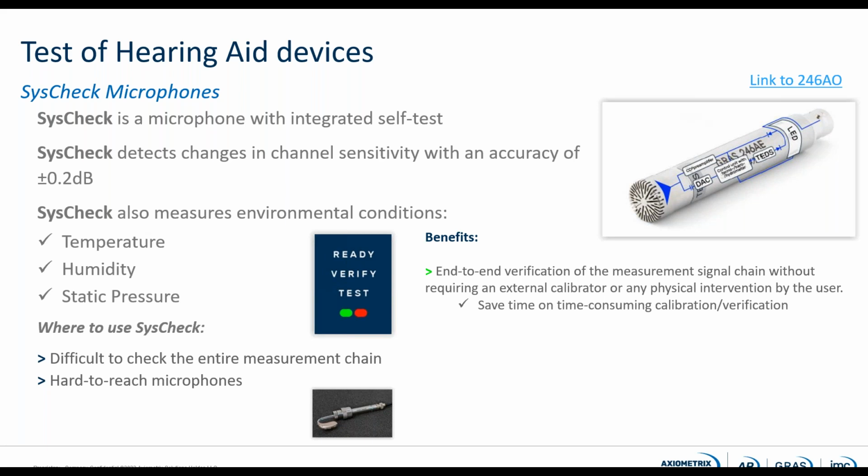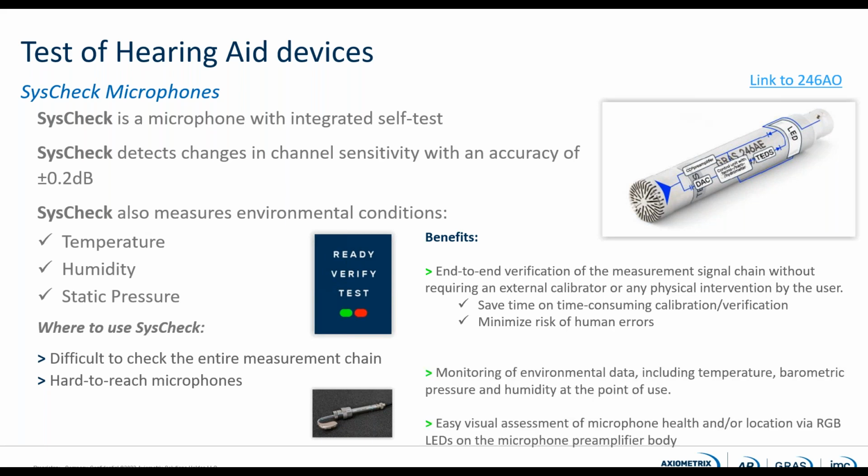You just press "do a sys check" on your analyzer or your software. You can also set it to run automatically, so it will do it every morning at 8 o'clock or whatever. The outcome of this sys check will be that you have some LEDs on the preamplifier.